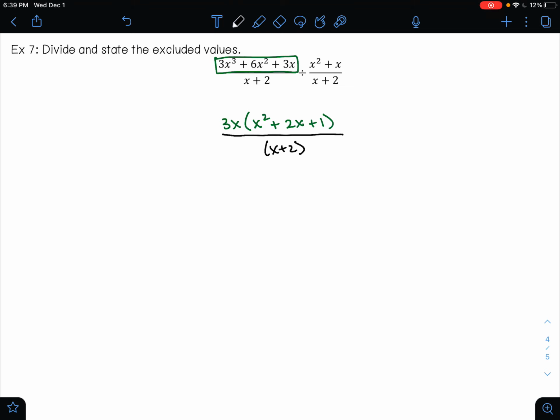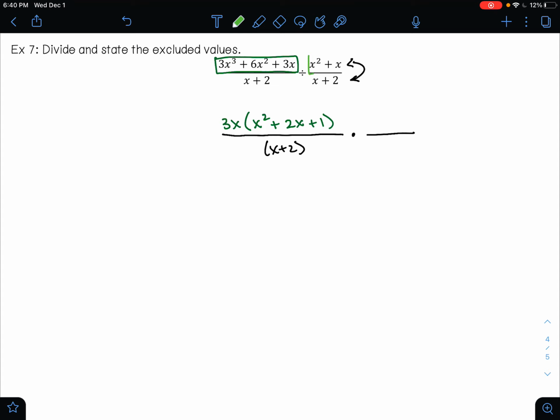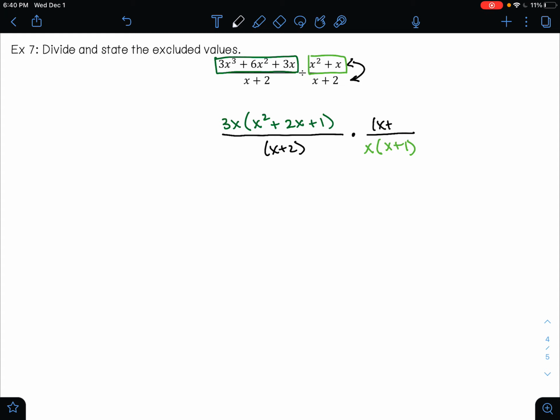I'm going to change my division symbol to multiplication, and I'm going to flip the second fraction. x squared plus x has a GCF of x, and inside parentheses that will leave me with x plus 1. x plus 2 does not factor any more than it's already factored.